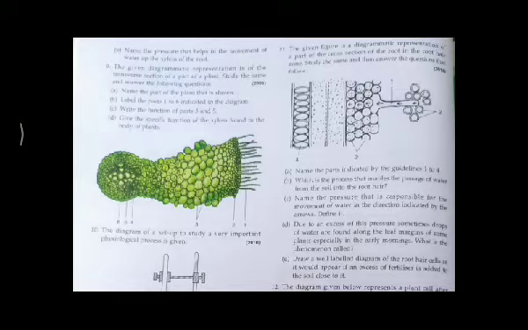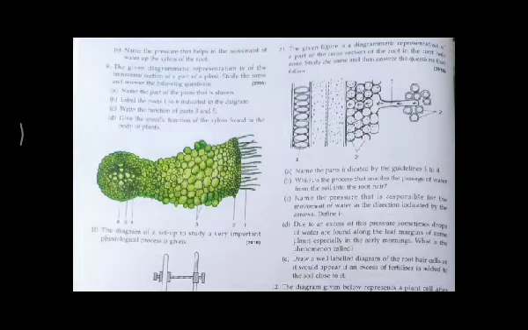Have a look. The first segment of this question is asking: name the part of the plant that is shown here. This is the transverse section of a dicot root. How will we differentiate the dicot and monocot root?